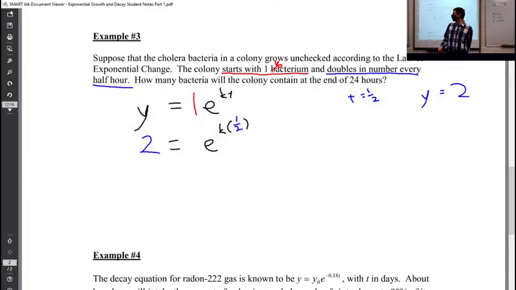Now we're going to be rewriting it the other way because we need to solve this for k. This tells us if we rewrite it, natural log of 2 equals 1/2 k.